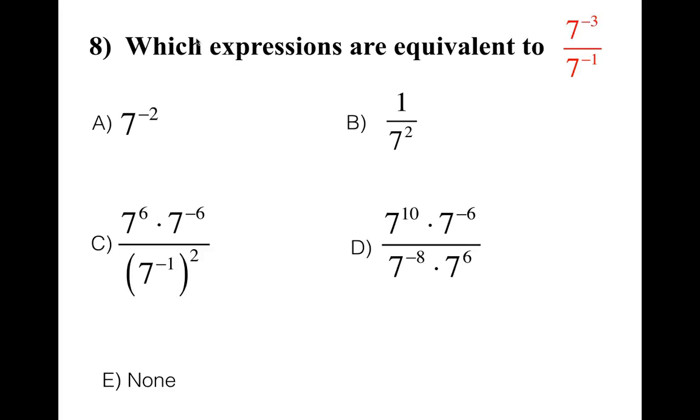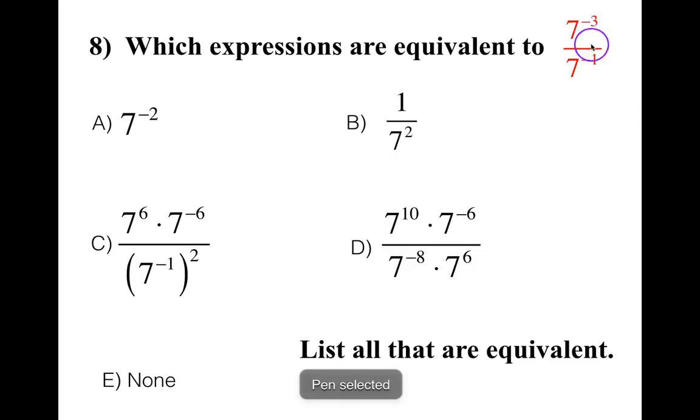Okay, so now taking a look at number 8, it says which expressions are equivalent to 7 to the negative third over 7 to the negative first. So here are our options. Let's go ahead and take a look to find out which ones are equivalent. So let's see. First, typically, I would go ahead and simplify this a little bit so I can get an idea of what this would be.